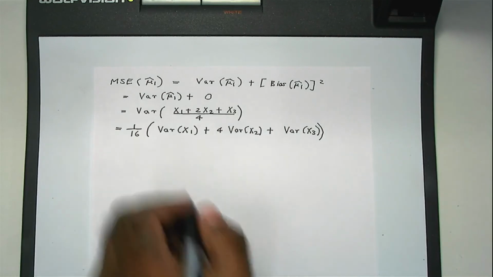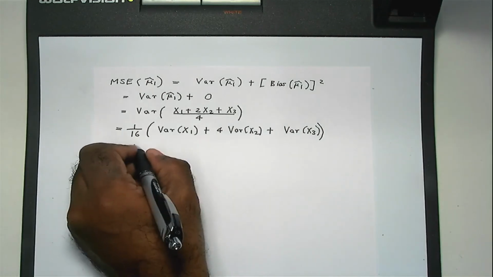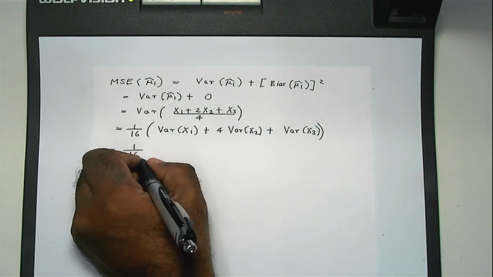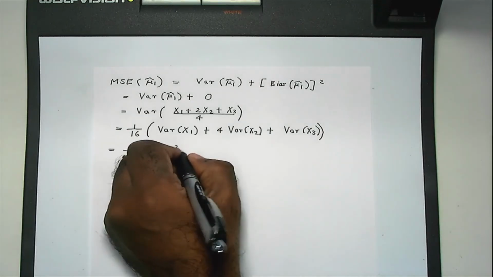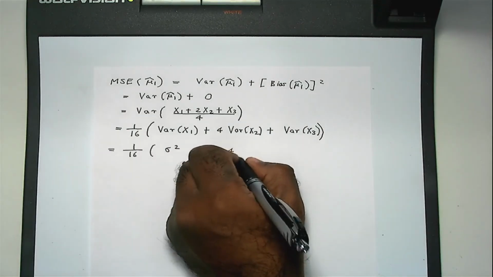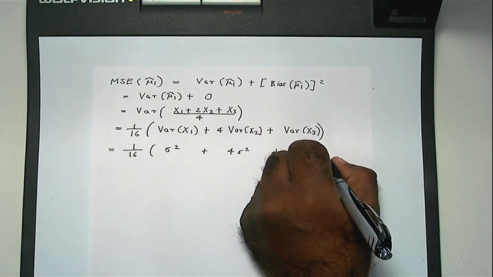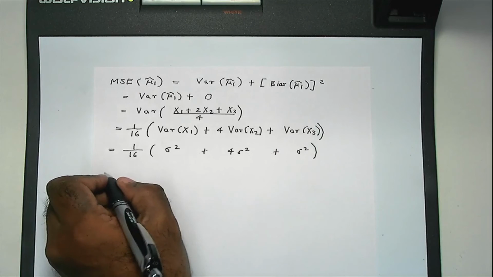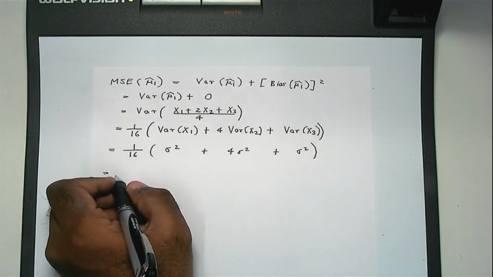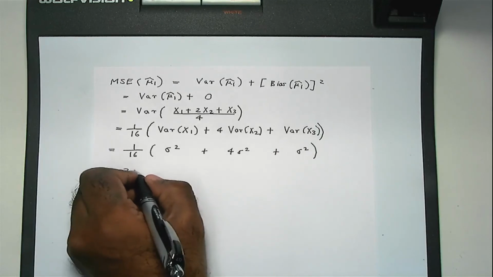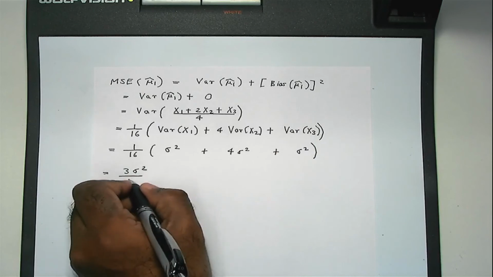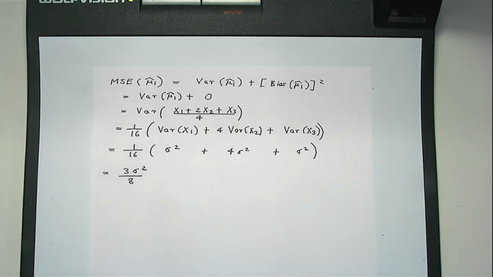So this is going to be 1 over 16 times sigma squared plus 4 sigma squared plus sigma squared, which is 3 sigma squared divided by 8. So that's the MSE of the first estimator.